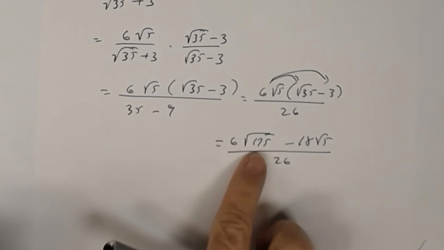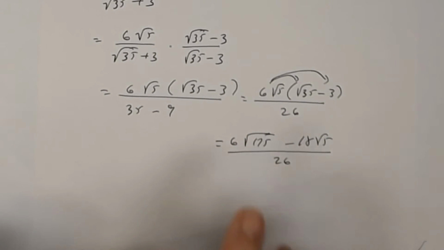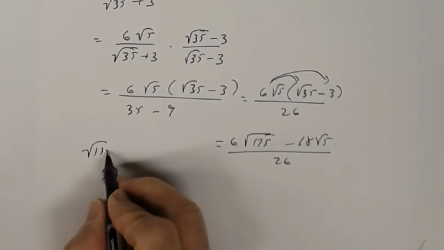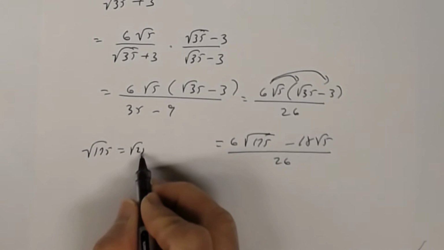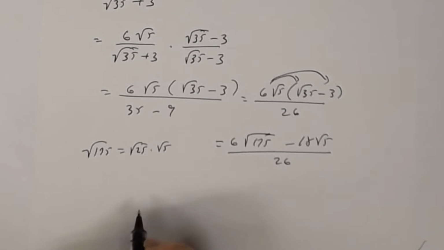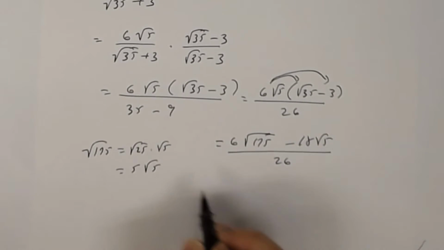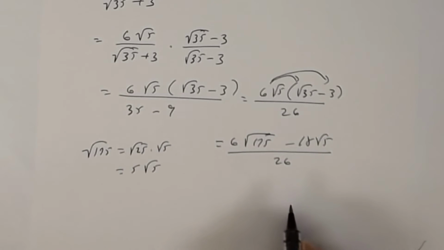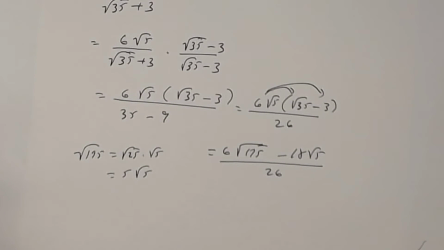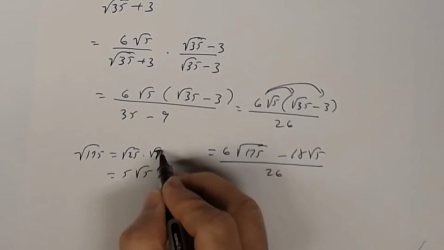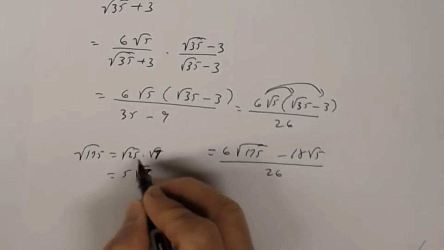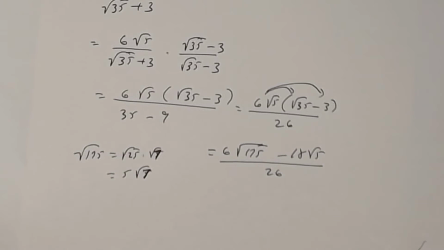Okay, simplifying the square root of 175. I can simplify that because remember the square root of 175 is the square root of 25 times the square root of 7. The square root of 25 is 5, so you get 5 square root of 7. Sorry, I misspoke earlier: 25 times 7 is 175.